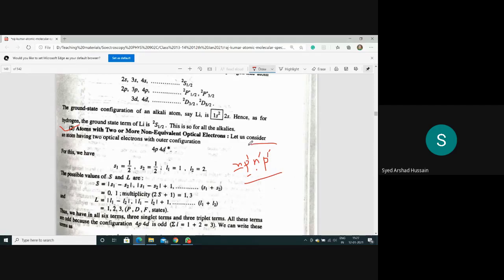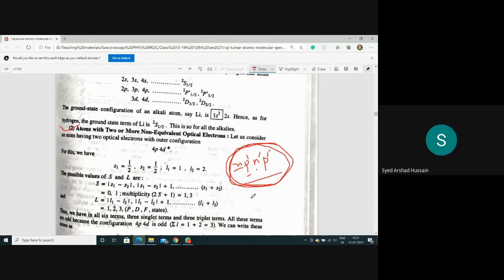Now, study this system. You can take your pen and paper because this is not given in this book. So for this example, let's see. We have two electrons.